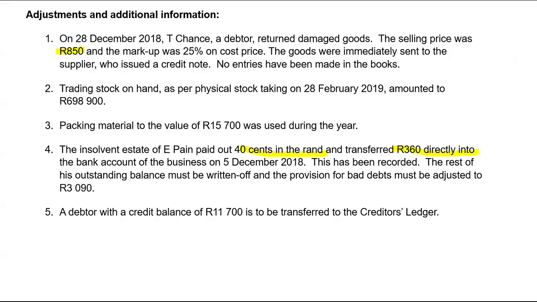The rest of his outstanding balance must be written off, and the provision for bad debts must be adjusted to 3,090. I'll come to the provision later on. For now, I will deal with the rest of his outstanding balance must be written off. If we received 40 cents, it means that we did not receive 60 cents.